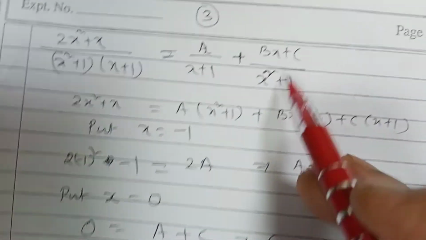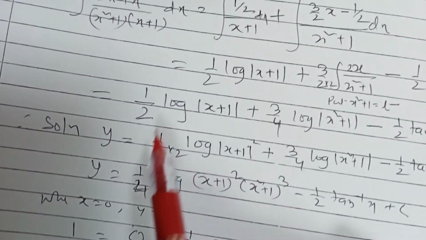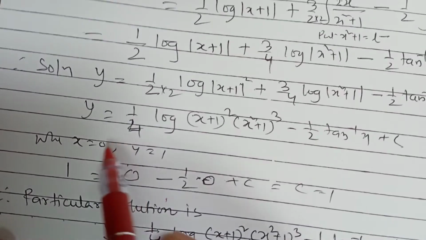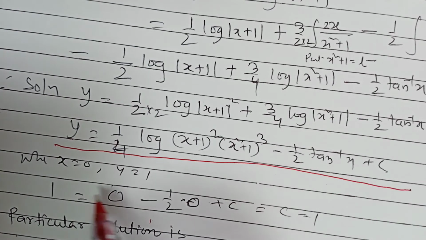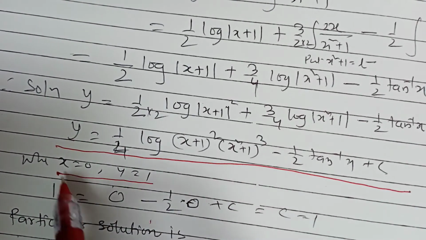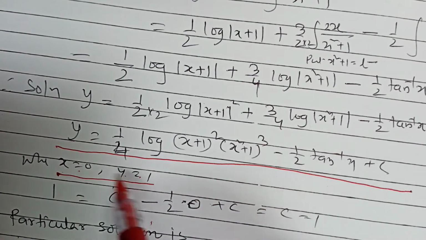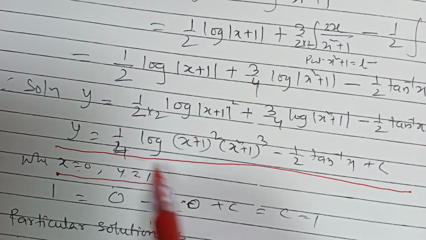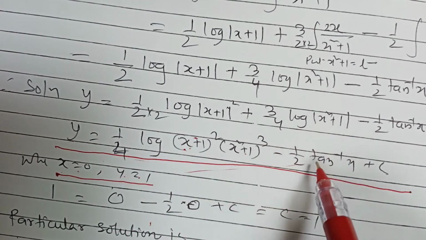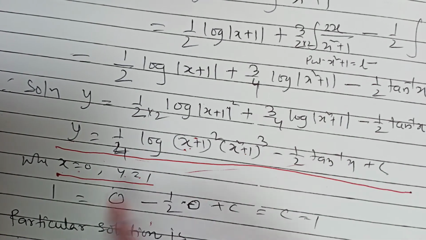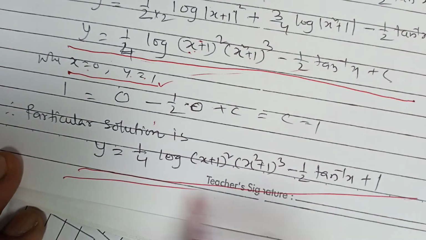A by this, B x by this, then by doing so the constant values came, and after getting the values we get the final solution of the differential equation. Now from the given values in the question, x is equal to 0, y is equal to 1, we will find the value of c. I am putting x equal to 0, y equal to 1 in this equation. 1, 1, 1, 1, log 1 is 0, tan inverse 1, 0, so only c equal to 1 came, then finally we get the particular equation.